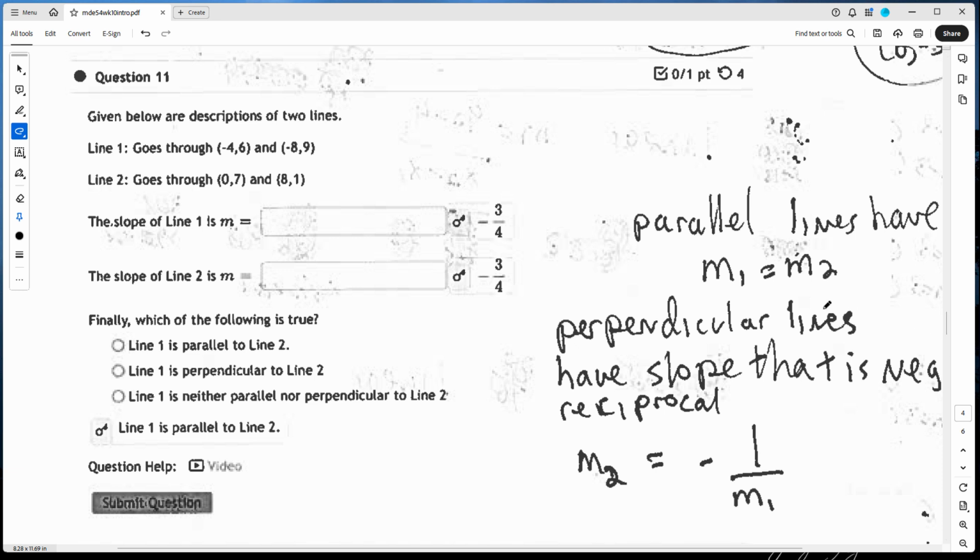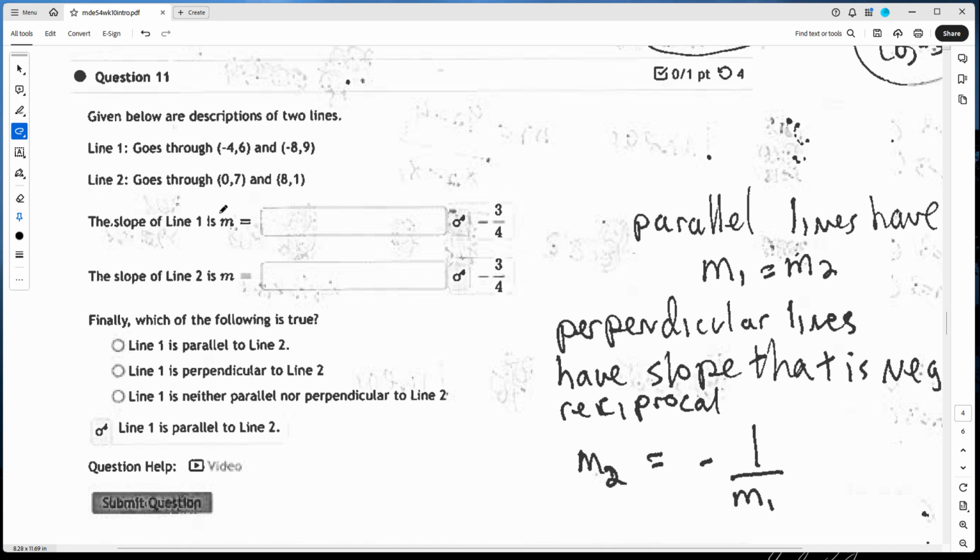Number 11. Given below are descriptions of 2 lines. Line 1 goes through these 2 points at (-4, 6) and (-8, 9). Line 2 goes through (0, 7) and (8, 1).